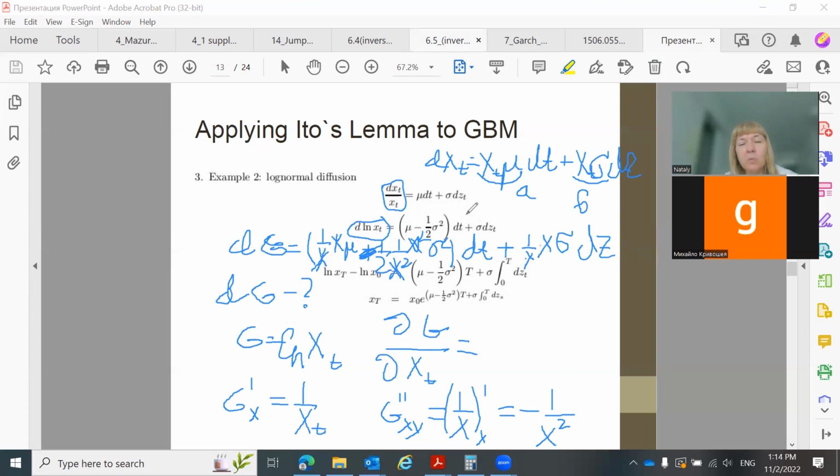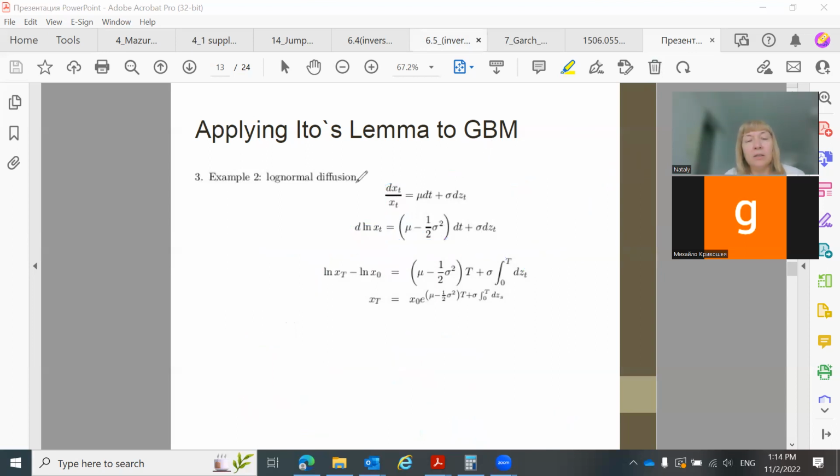Yes, so we have this expression, this formula. So if you would like to find d ln xt, according to lemma Ito, we have this formula.